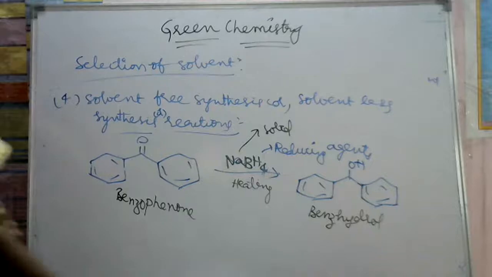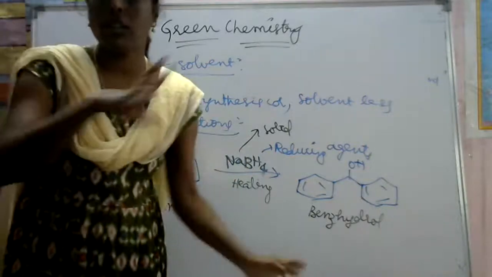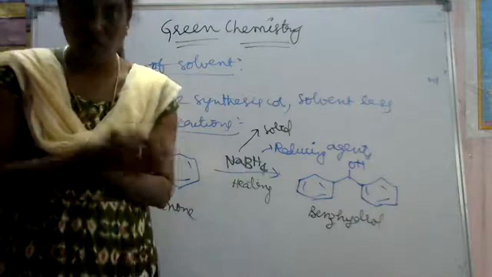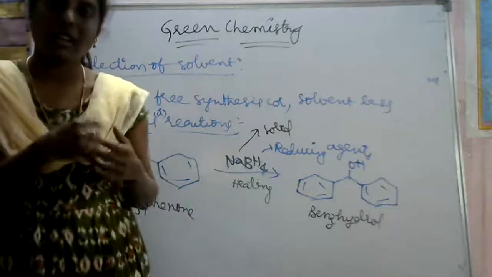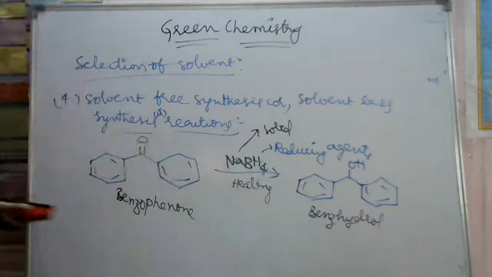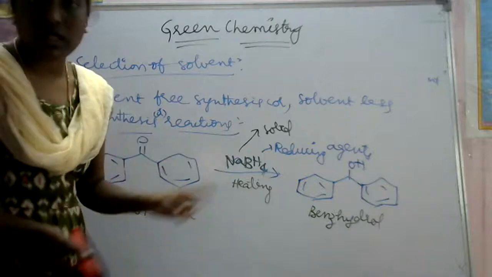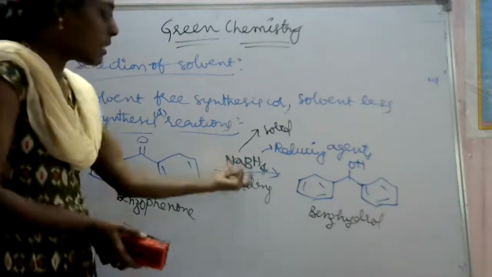Next, we have to use one table to compare which solvents are usable and which are undesirable. Here we are not using any solvents, just this solid and this solid.